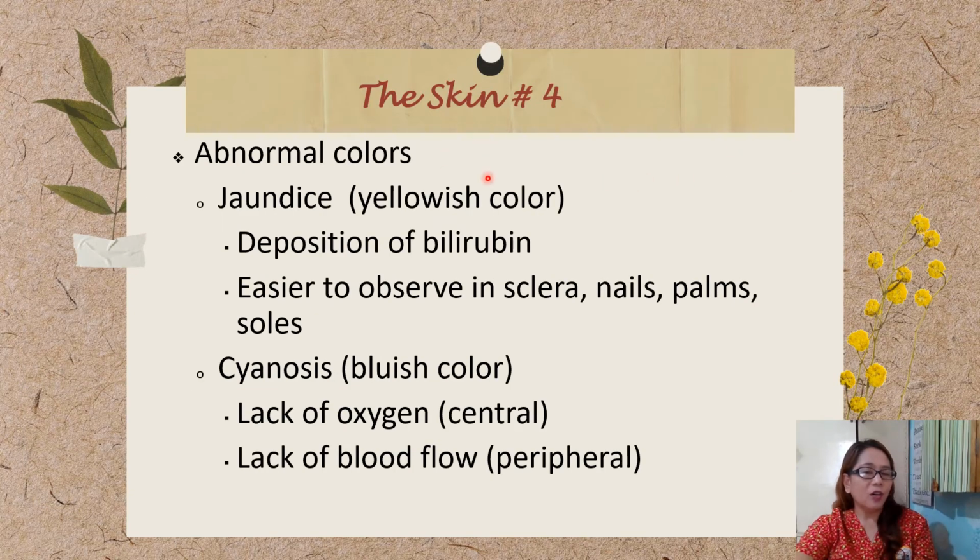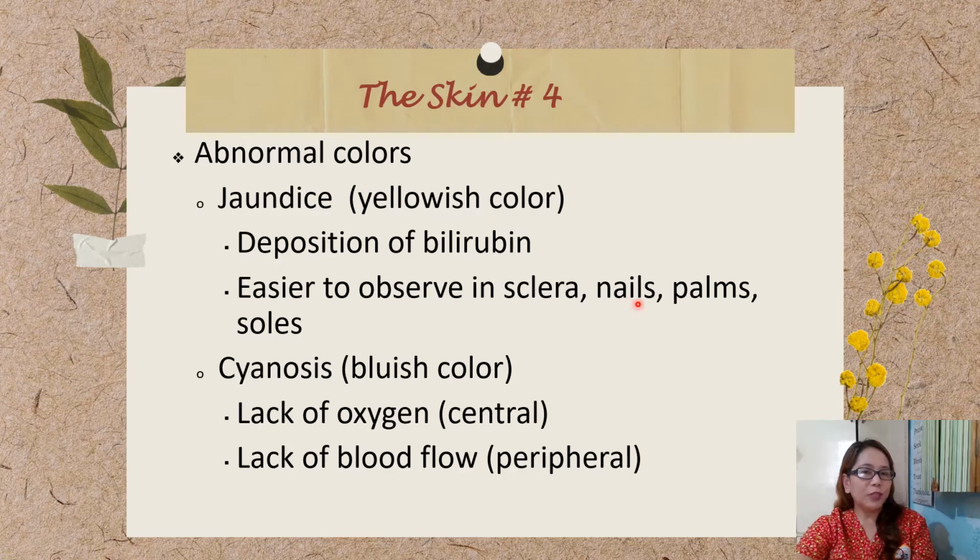So moving on to the abnormal color of the skin, we have what we call jaundice or the yellowish discoloration of the skin. This is due to deposition of bilirubin or bile, and it is more easily observed in the sclera, the whitish part of your eye, the nails, the palms, and the soles.